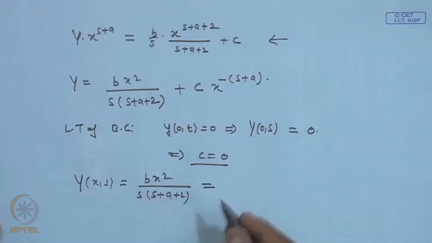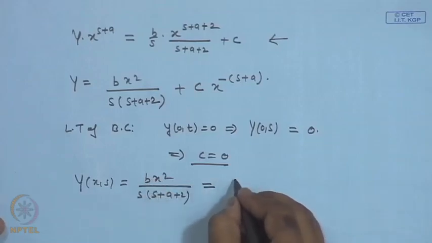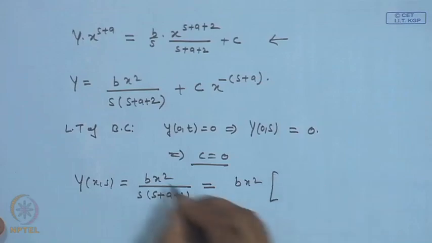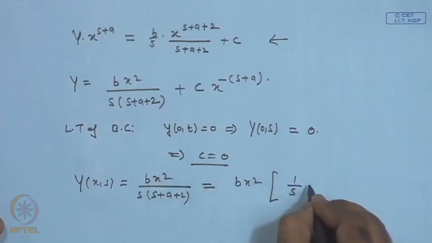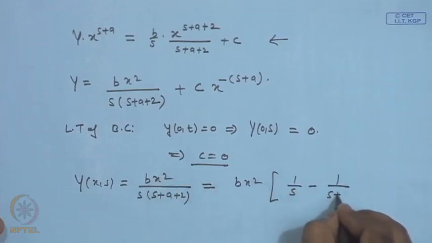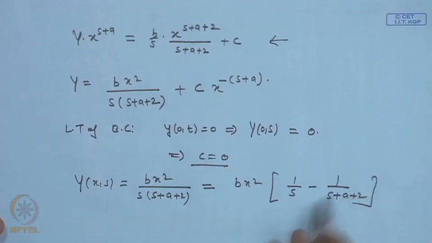and this we need again the partial fraction. So, we have b x square, and for these two terms we have 1 over s, and here s plus a plus 2. So, let us see what we get, s plus a plus 2 minus s. So, we get a plus 2 extra there. So, we have a plus 2, we have to divide.